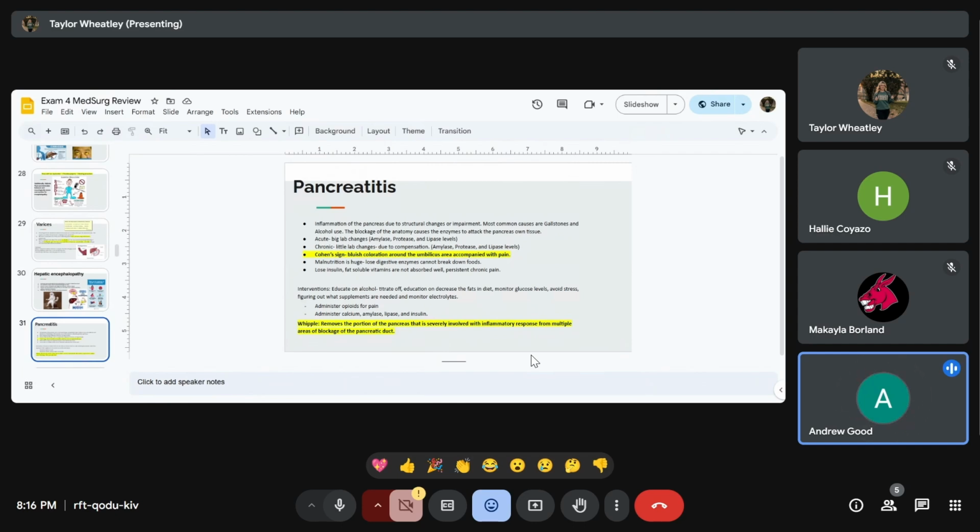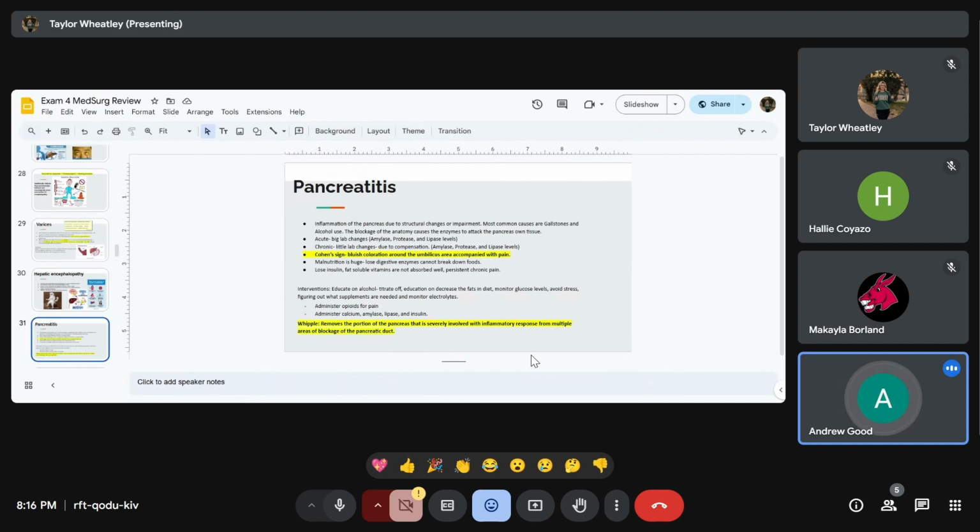So, gallstone blocked up, all those pancreatic enzymes, those amylase, those protease, and those lipase will just chew up at the pancreas, leading to dysfunction and tissue breakdown.